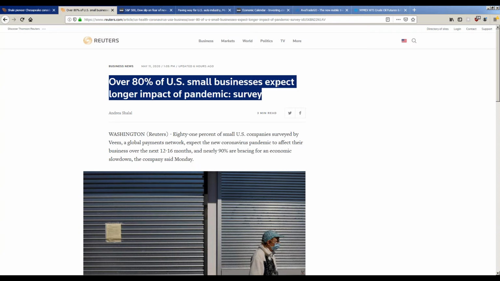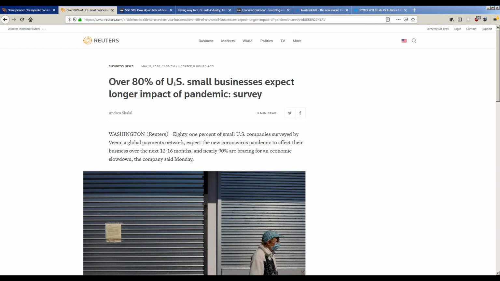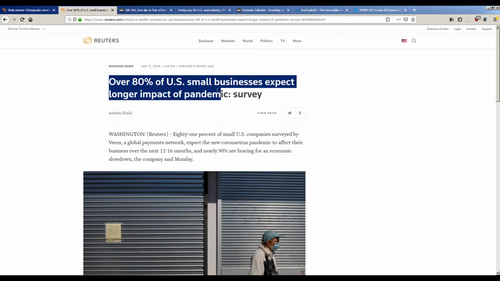Not that the large corporations don't have a large effect, but small businesses are huge in the US when you add them all together. If 80% of them are expecting longer impact from this pandemic, that tells you there's probably some bearishness on the markets today when you see headlines like that.